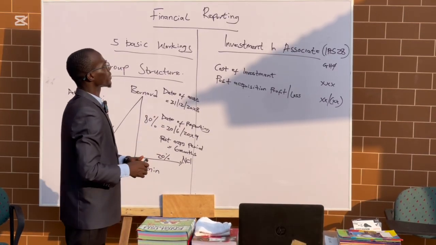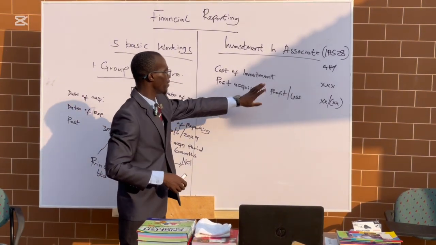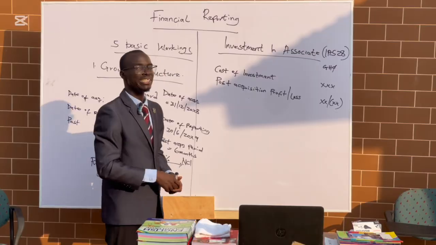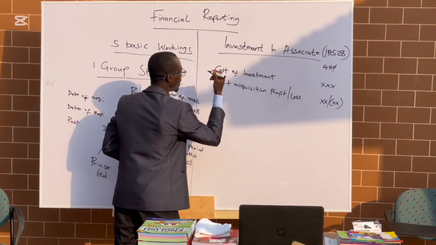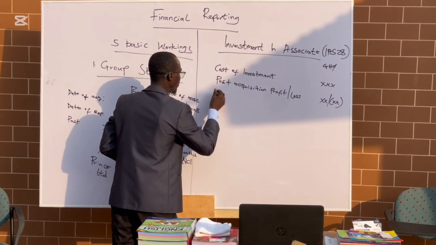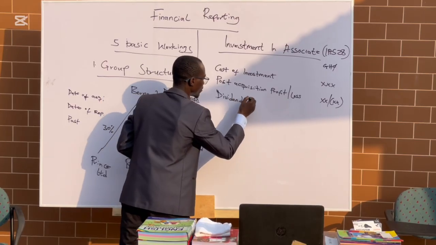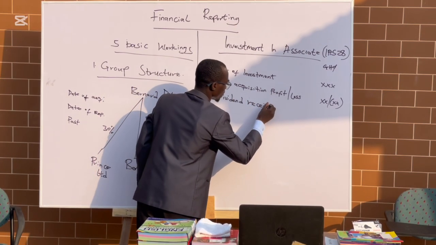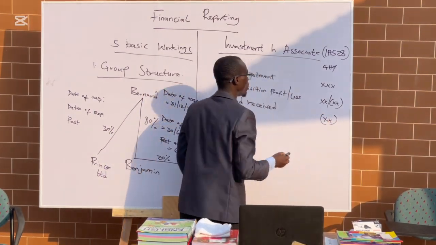So with this, when you get your cost of investment, you bring your post-acquisition profit or loss, and you bring any dividend received. If there is any dividend received from the associate, since we have received it, we need to take it off.